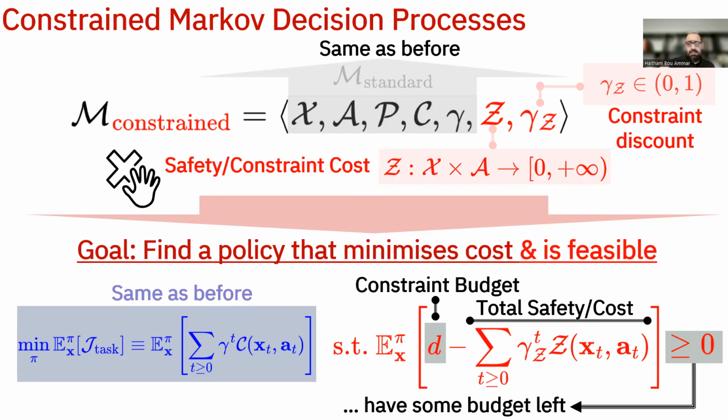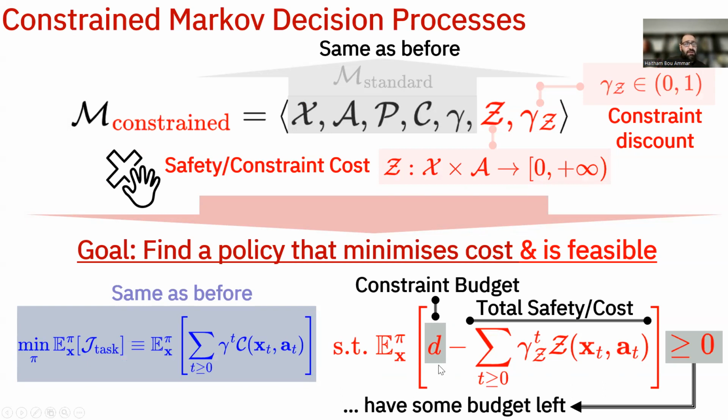Now, how do we define this constraint cost? What we have done is we have used a budget. We defined a budget, we call that D. And that budget is how many times you're allowed to make mistakes or violate that loss, and we call that the constraint budget.